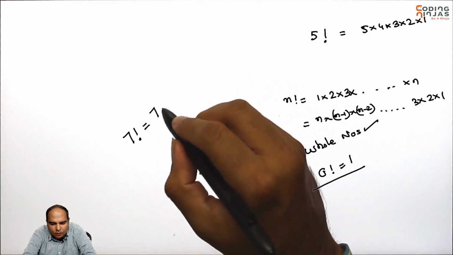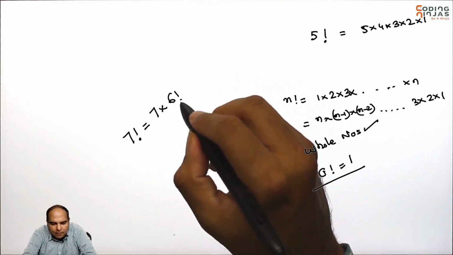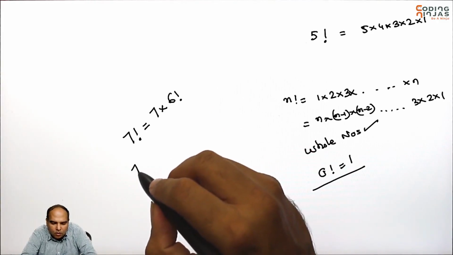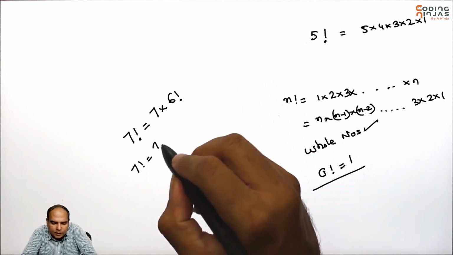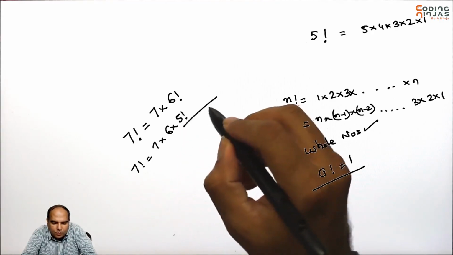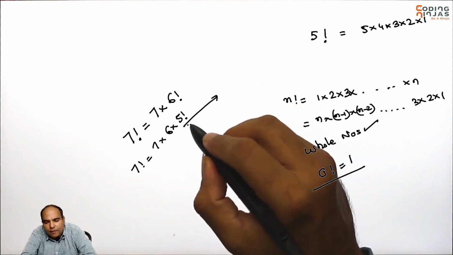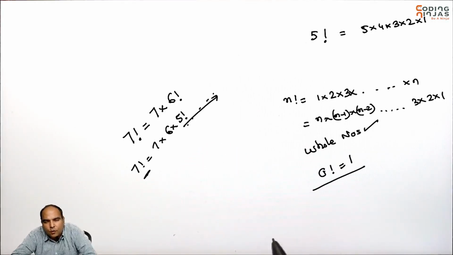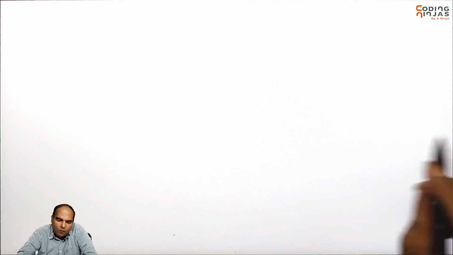That 7 factorial, for example, can be written as 7 into 6 factorial, or it can also be written as 7 into 6 into 5 factorial, because the moment you are attaching a factorial to the end, you are multiplying it by 5 into 4 into 3 into 2 into 1, which is giving you the answer that you require there.